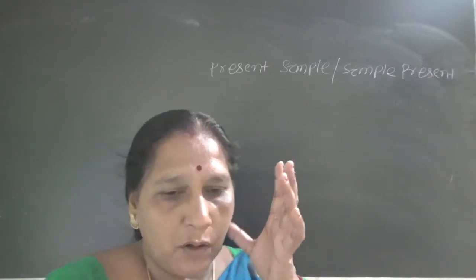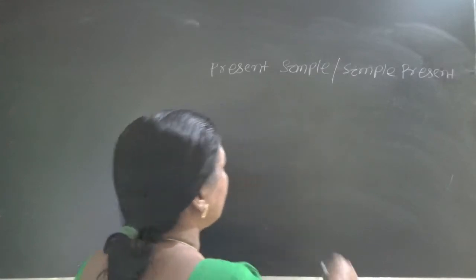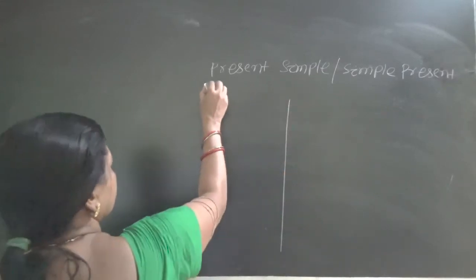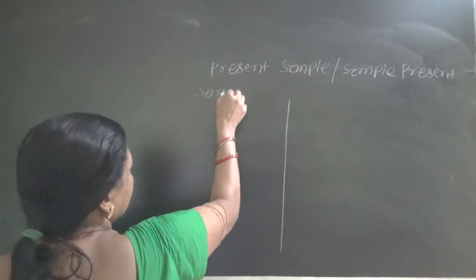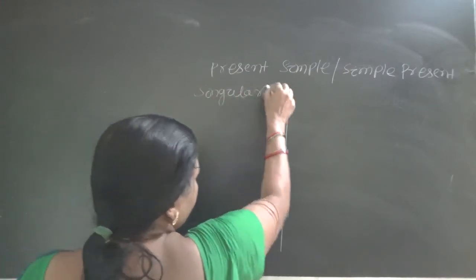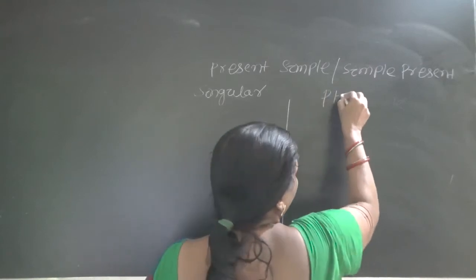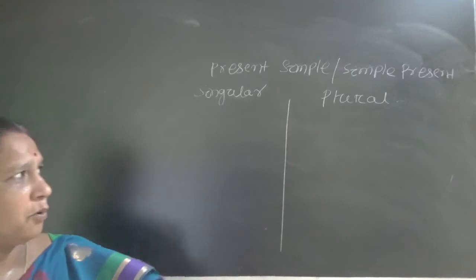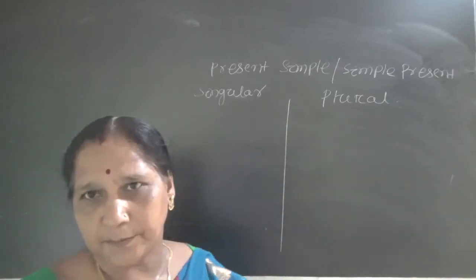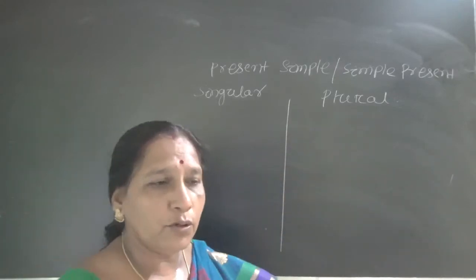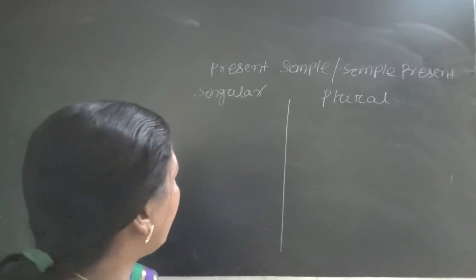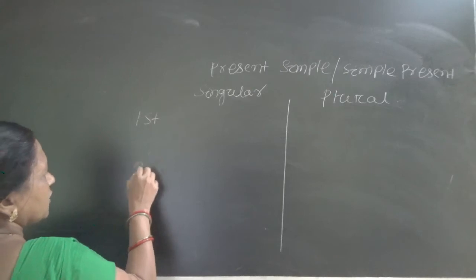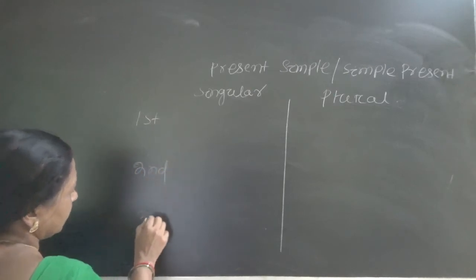First of all, we divide into number. There are two types of numbers: one is singular and another is plural. Then we divide into three persons: first person, second person, and third person.